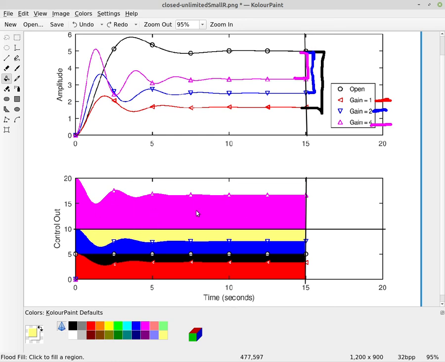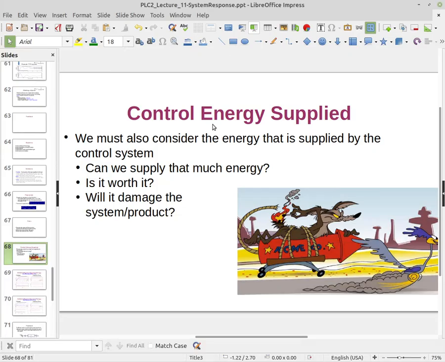We can't actually do much with a gain of 4. So our controller might be calculating to give me these responses, but I can't output any more than 10. All right, so we always need to keep in mind our control.